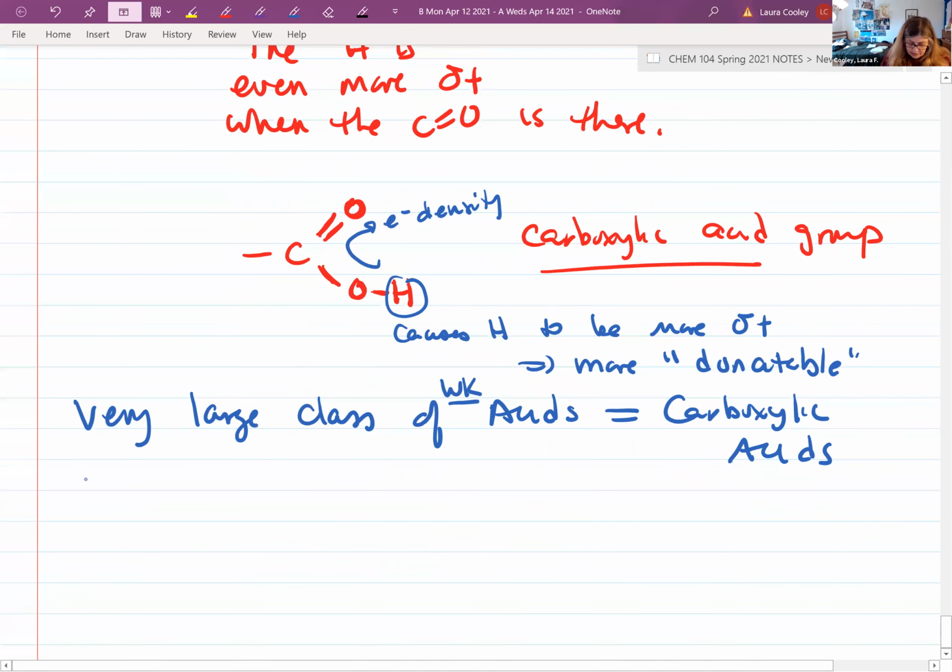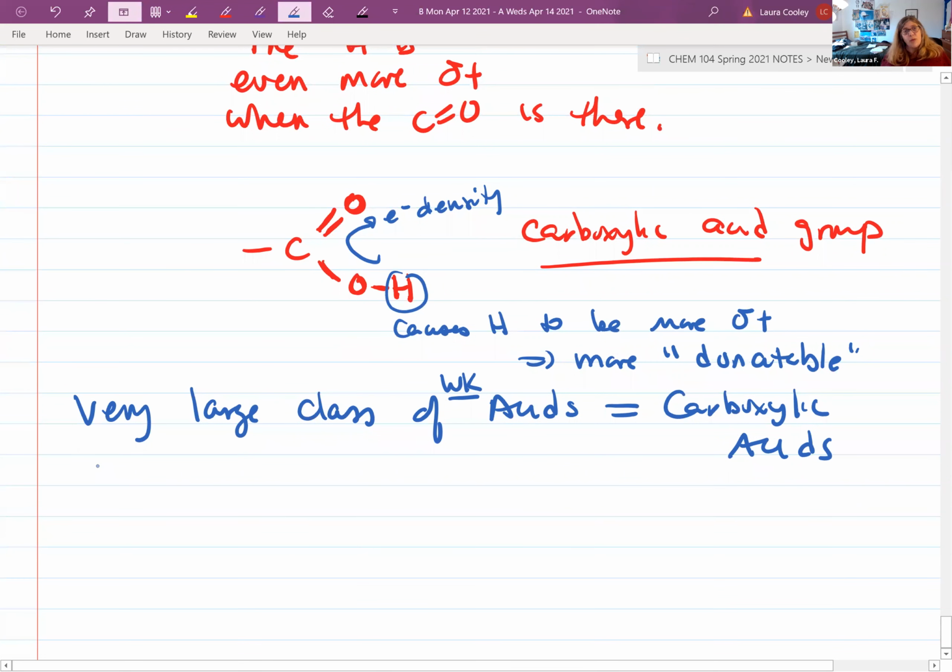And other atoms in the rest of the molecule can also influence it. So here's an example. Here's acetic acid with all hydrogens here. And remember in lab recently, last week, you measured the Ka of this acid.